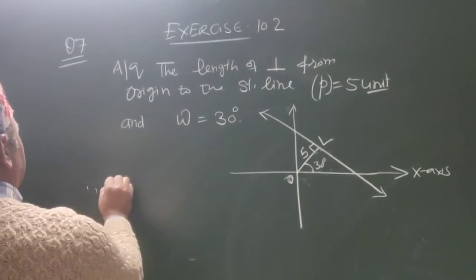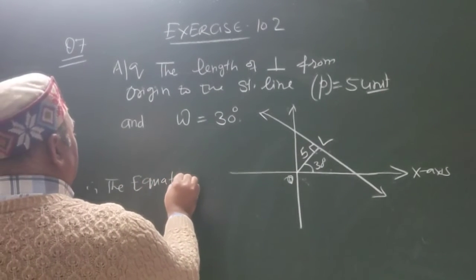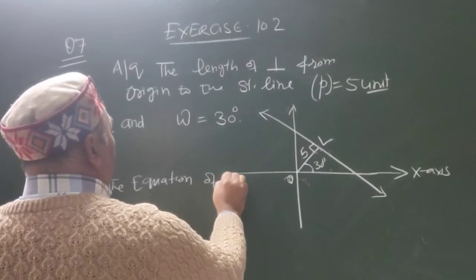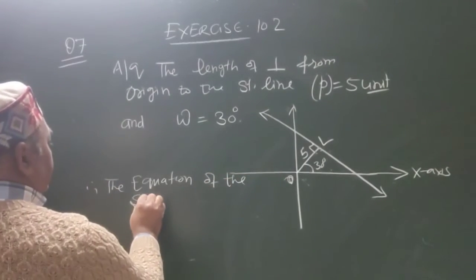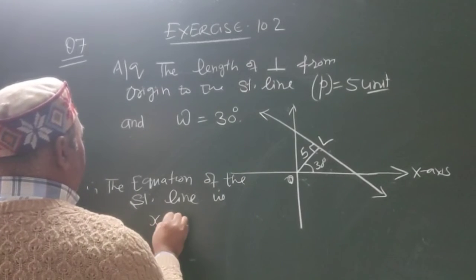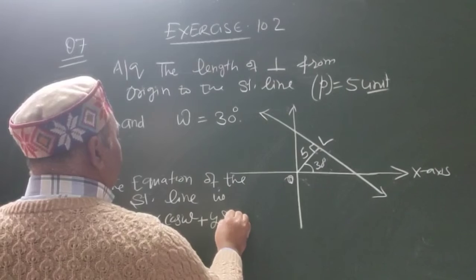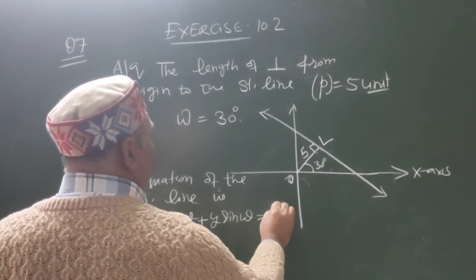Therefore, the equation of the straight line is x into cos omega plus y into sin omega is equal to p.